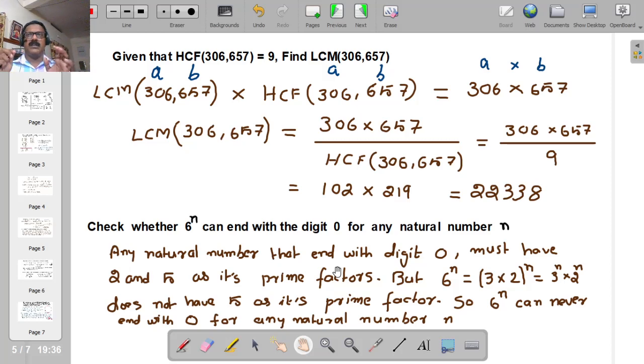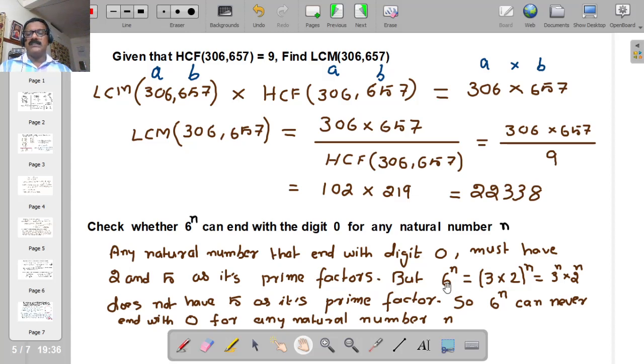Any natural number that ends with a digit 0 must have 2 and 5 as its factors.